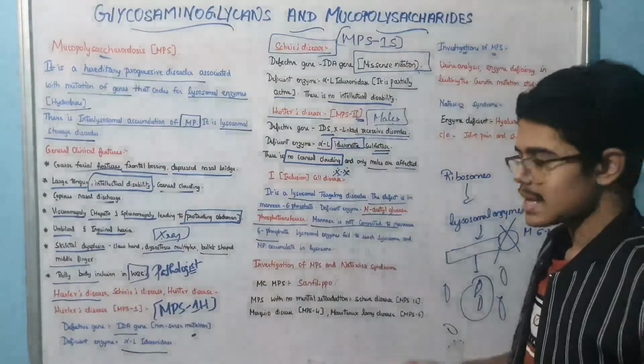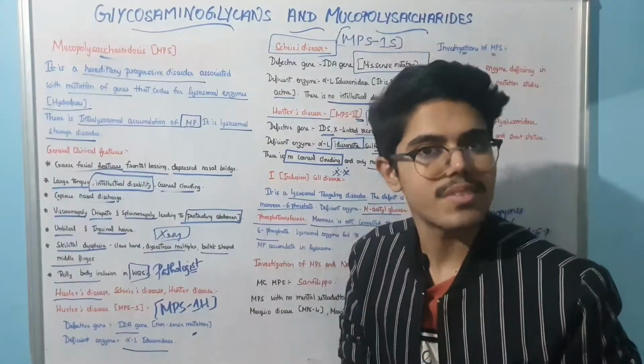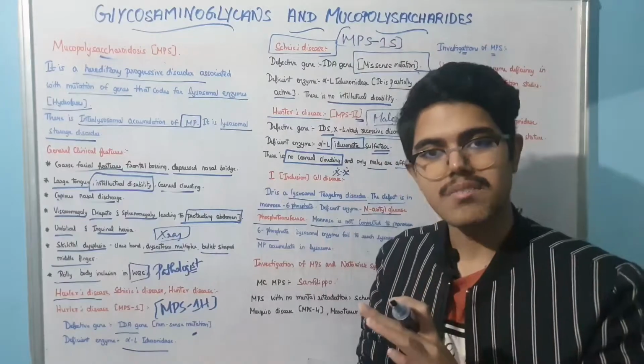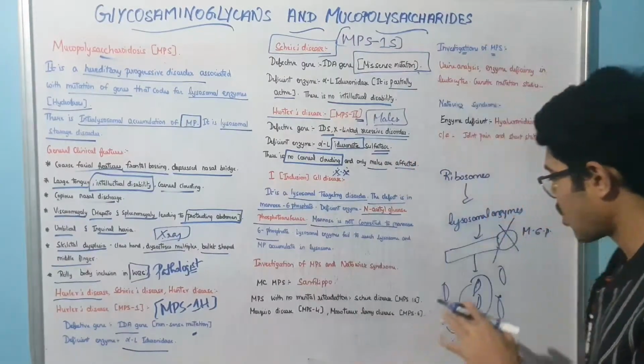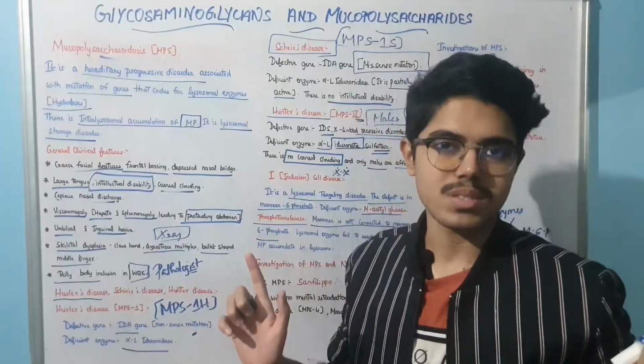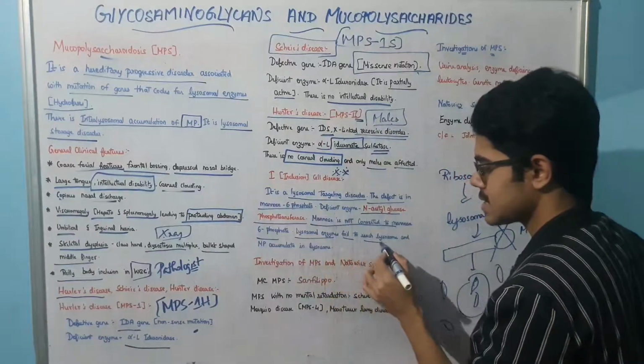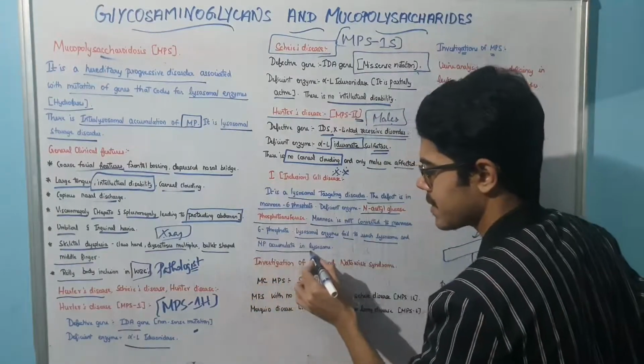Because the enzyme is deficient, mannose is not converted into mannose 6 phosphate, and because of this our lysosomal enzymes do not enter the lysosomes. So the lysosomal enzymes fail to reach the lysosome and mucopolysaccharides accumulate.